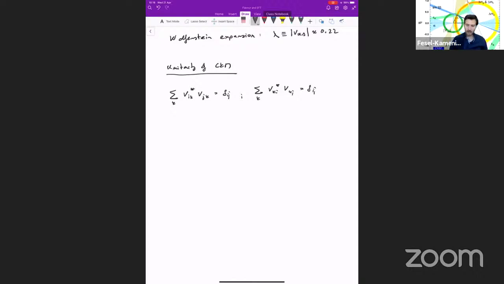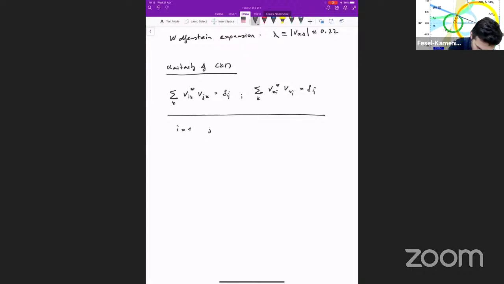So while in principle one could test all of these different unitarity conditions, it turns out that phenomenologically it is most interesting to fix the case where i equals 1 and j equals 3, which turns out to be the most useful one.